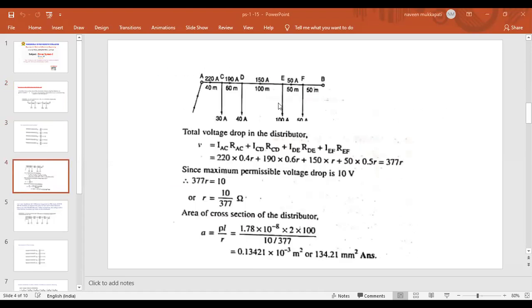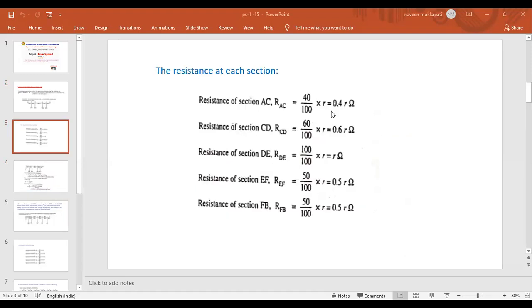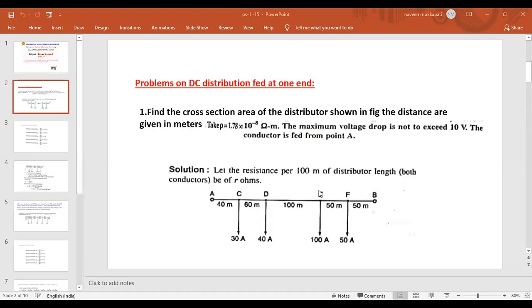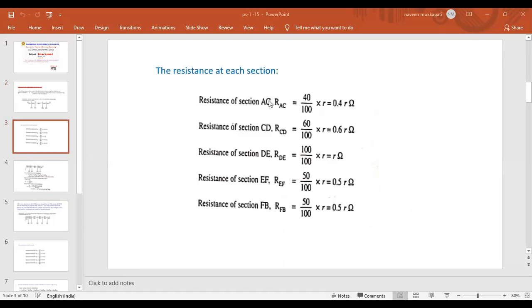Therefore, RAC is equal to 40 by 100 into resistance R. No resistance value is given. Only the resistance per 100 meters of length is given in the question, so we are determining the resistance also.